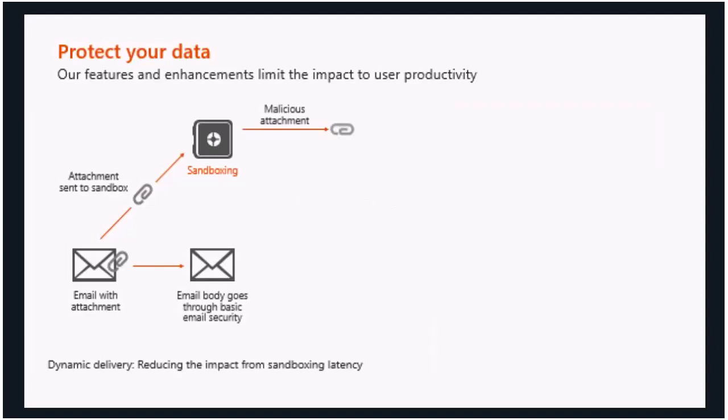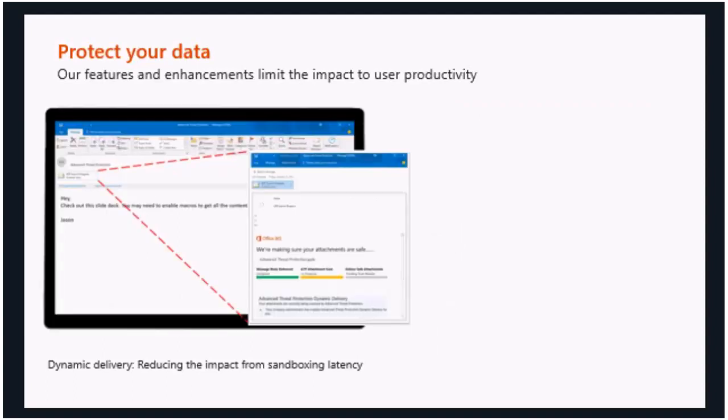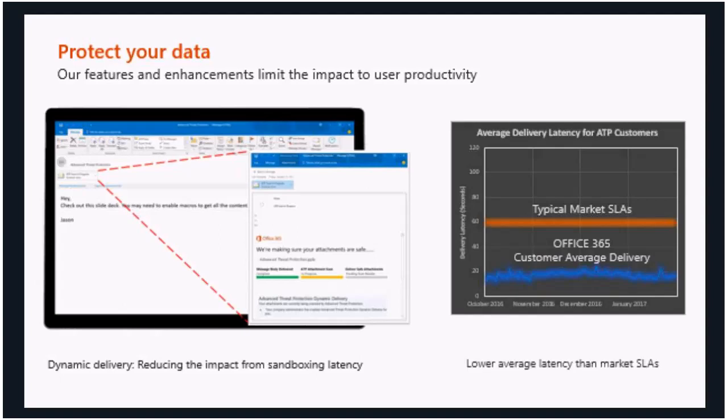So, as we come back in, some important things about this. One of the big things about a lot of these solutions, especially initially as they came on, and a number of the third-party ones, is that it really impacts the end user productivity experience by slowing everything down. Hey, it's taking me minutes to get emails. Microsoft has very high performance on this and is actually able to really minimize latency.